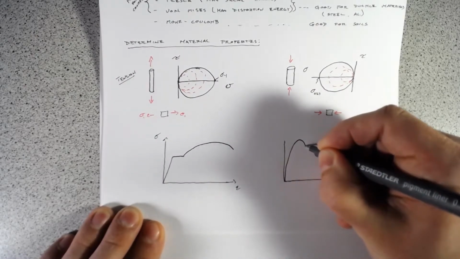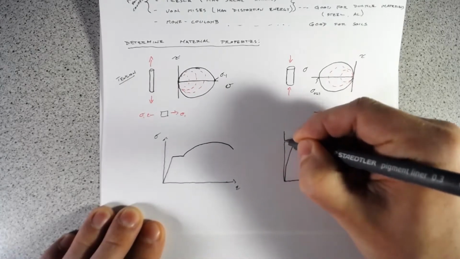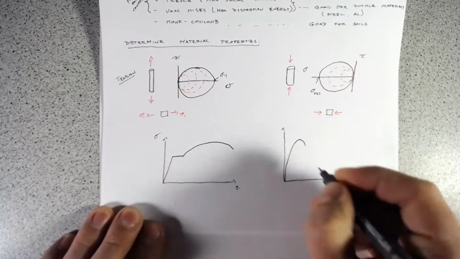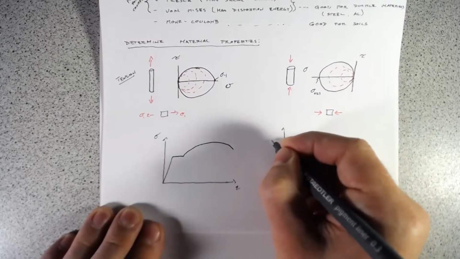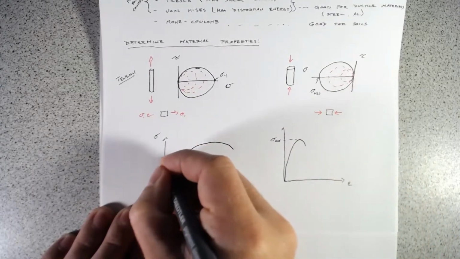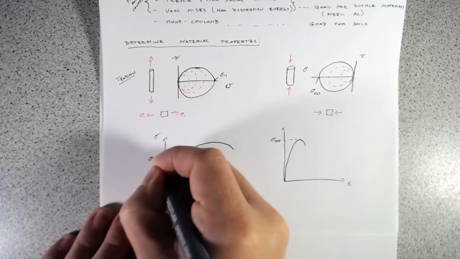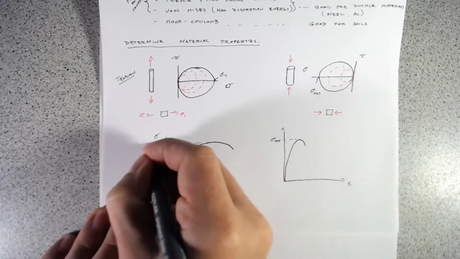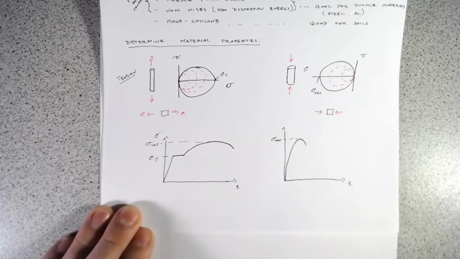It just pretty much comes up like a candy cane and breaks. And it will break at some sigma ultimate. We'll have some sigma y, and this will be some sigma ultimate.